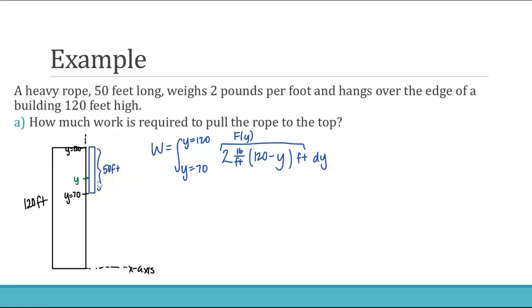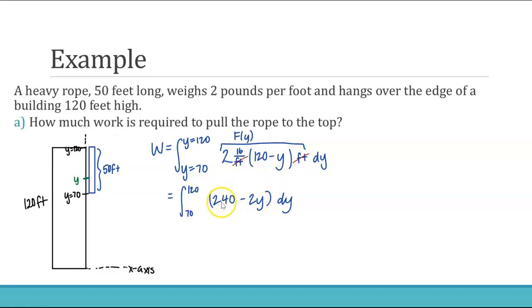So this is going to be our force function, and I'm going to remove the units there. We know that the feet units cancel, so the force we're talking about is in pounds, which makes sense because force has to be in pounds if the measurement of distance is in feet. To clean it up a bit, we are integrating from 70 to 120 of 2 times 120, which is 240, minus 2y dy, if I distribute the 2 in.